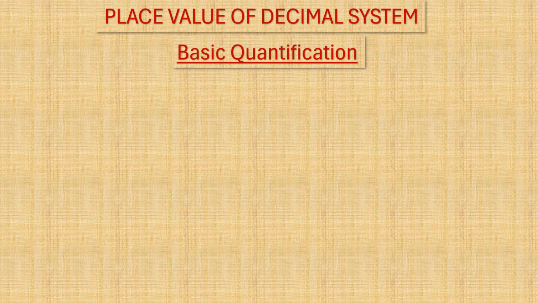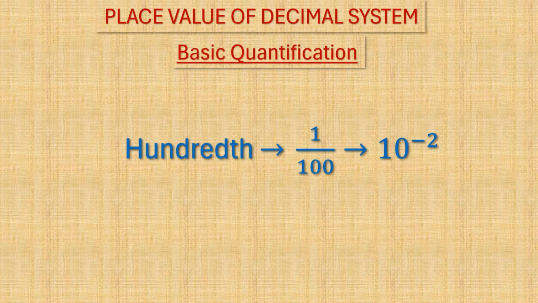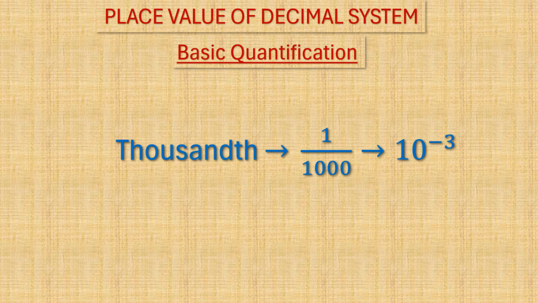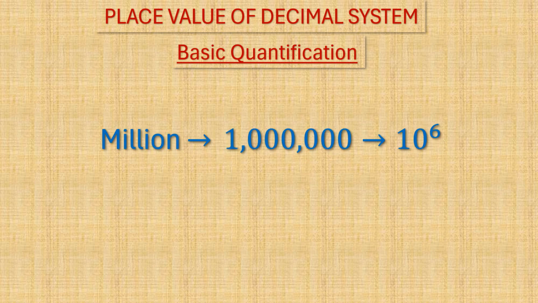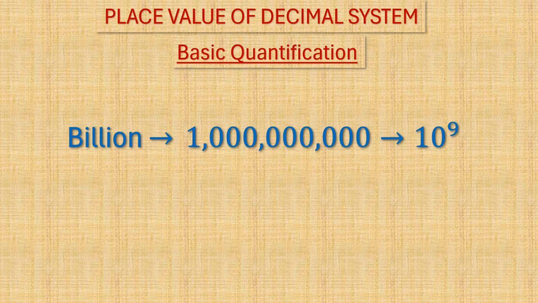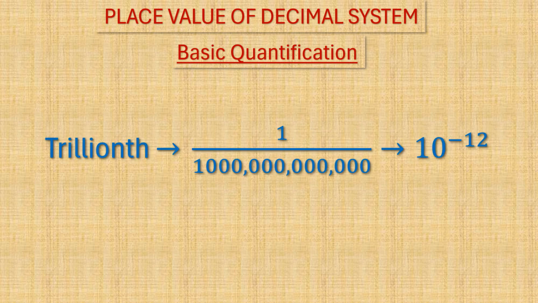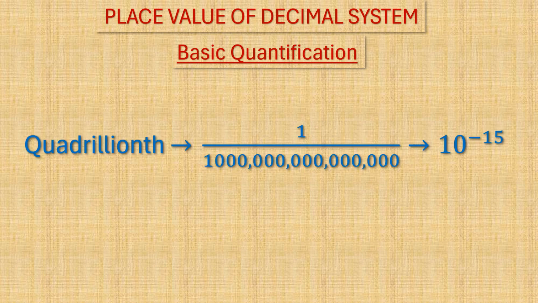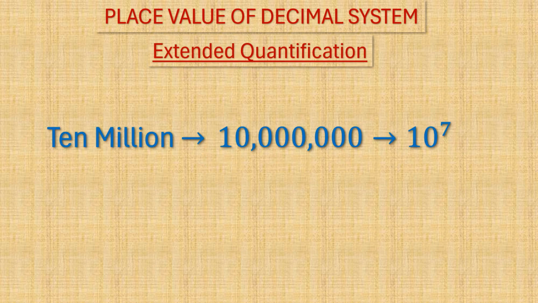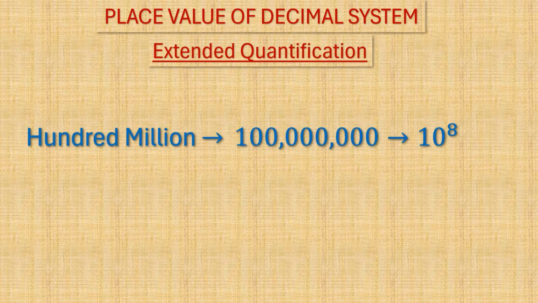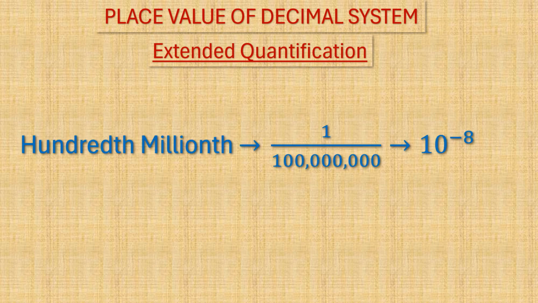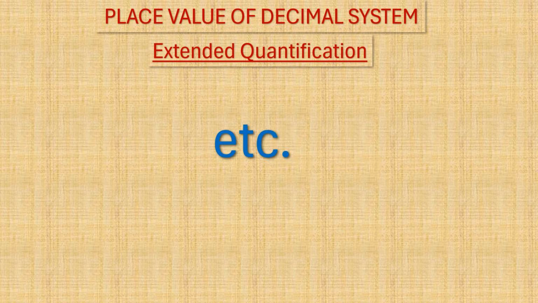The basic and extended quantifications are expressed as powers of 10 as follows: unit, tens, tenth, hundred, hundredth, thousand, thousandth, million, millionth, billion, billionth, trillion, trillionth, quadrillion, quadrillionth, 10 million, tenth millionth, 100 million, hundredth millionth, and so forth.